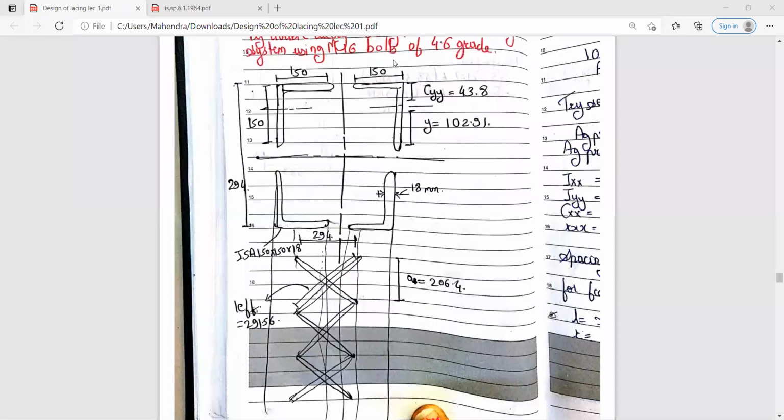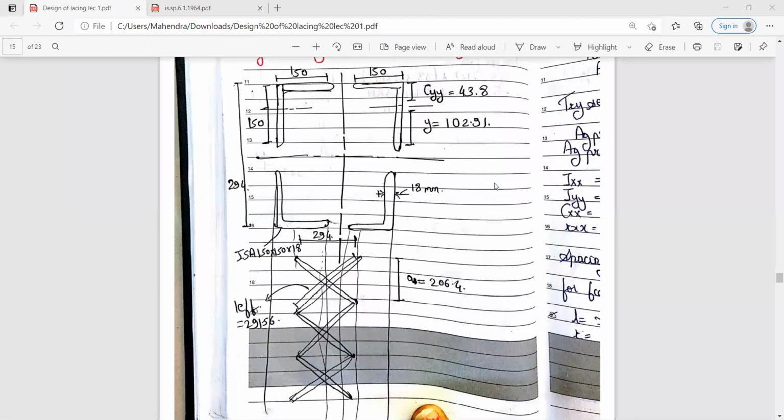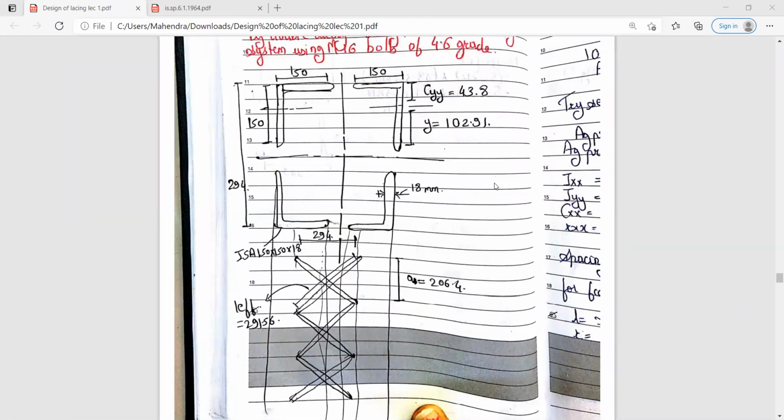Slightly increase your speed. Is completed. Okay. I hope all the others are also completed. So we'll start with the solution now.